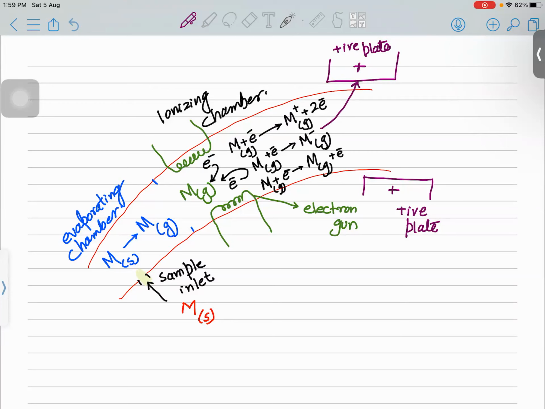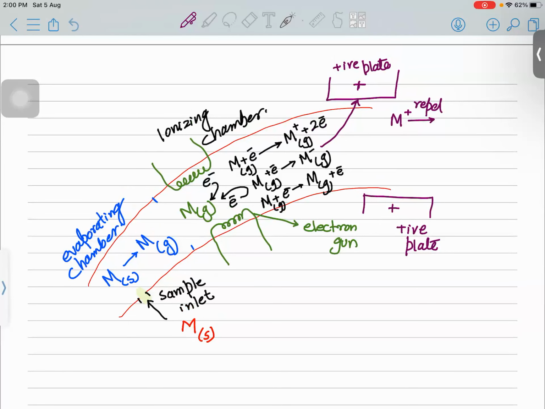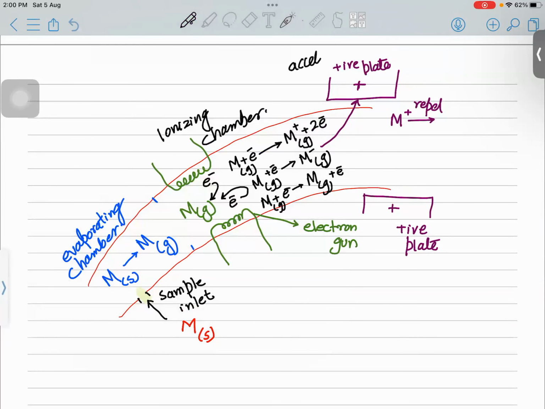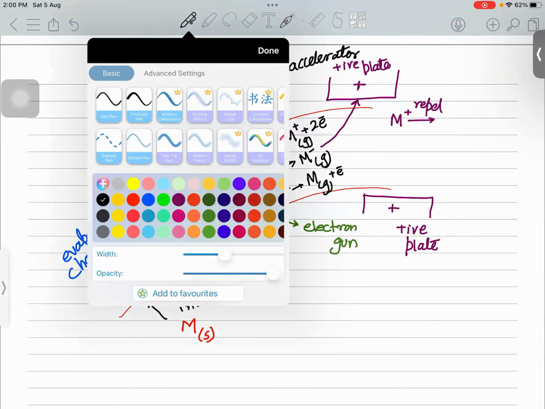And what about M positive? Either attracted or repelled? Repelled. So M positive becomes more energetic because it is repelled by the positive plate. That's why the positive plate is called the accelerator. Why is it called accelerator? Because M positive is repelled by it.